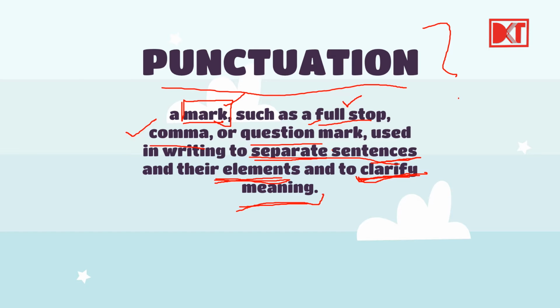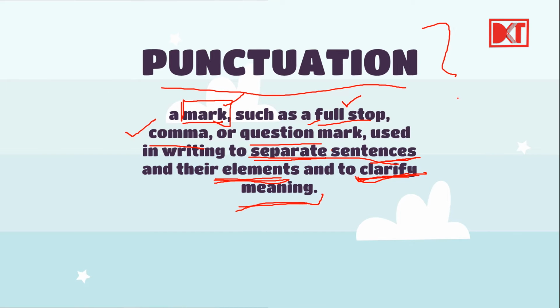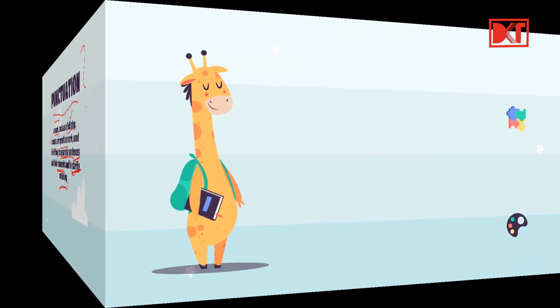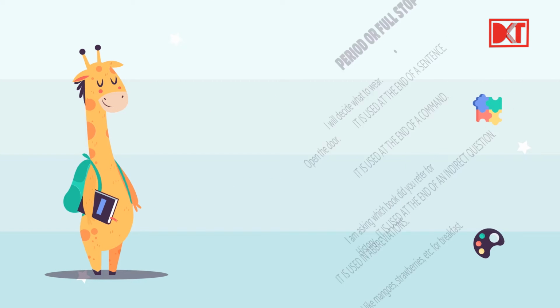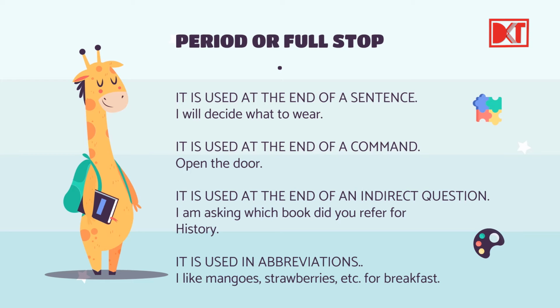Now we will move on to the next slide. Alright, so now we begin with various punctuation marks. The first one is period or full stop. Here is the full stop. We know what a full stop is.